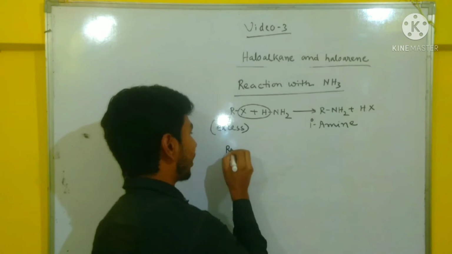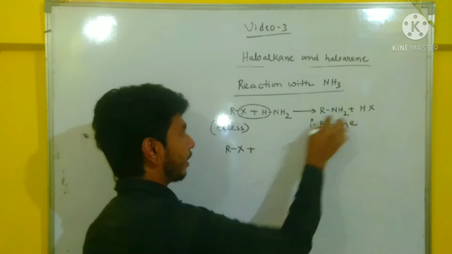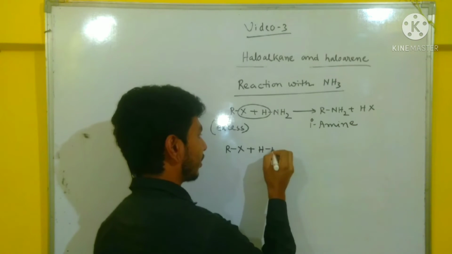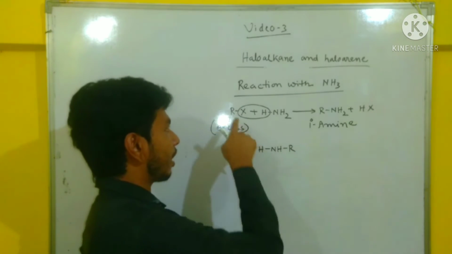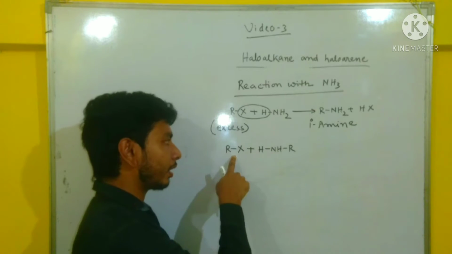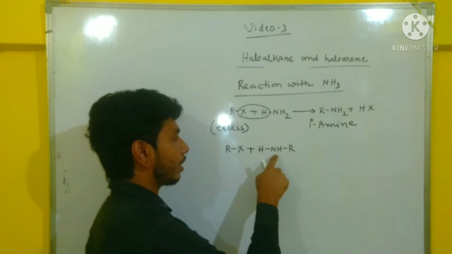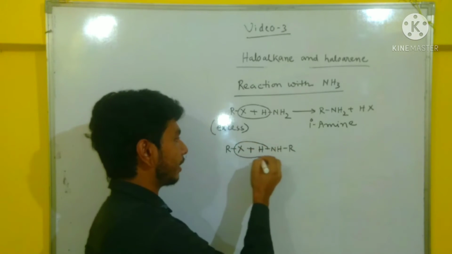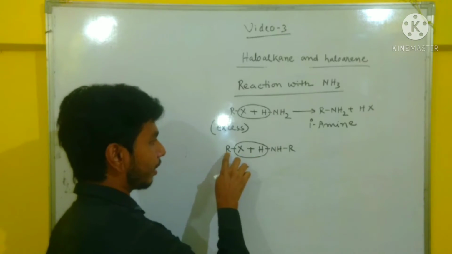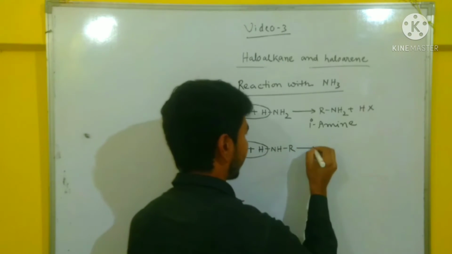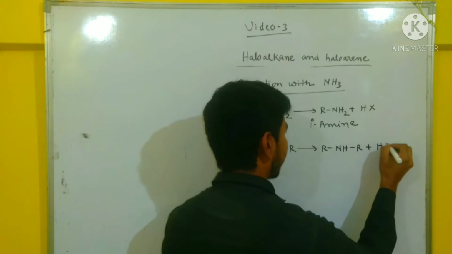So now RX plus this product RNH2: the unreacted alkyl halide will react in the second step with the product of the first step. So this is a 1 degree amine, and here H and X, HX, is removed, giving RNHR plus HX.